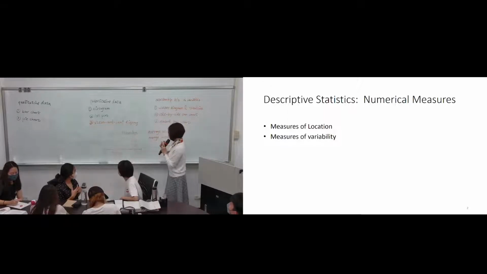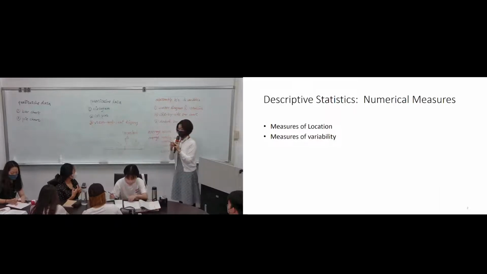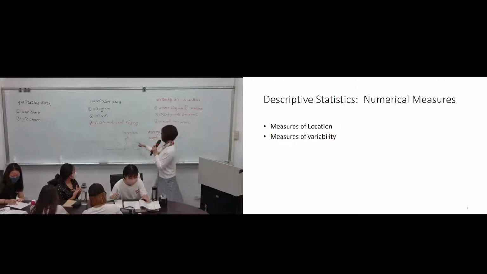For example, if the average score of this class is 65, what does 65 tell us? It tells us the location. So 65 is higher than 60.